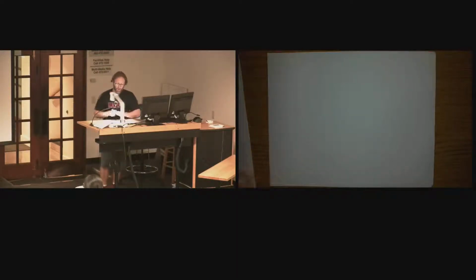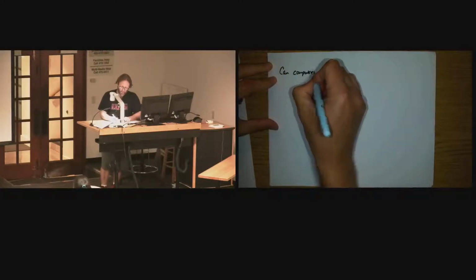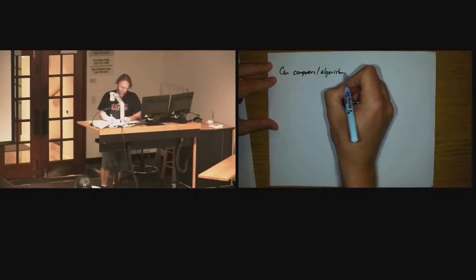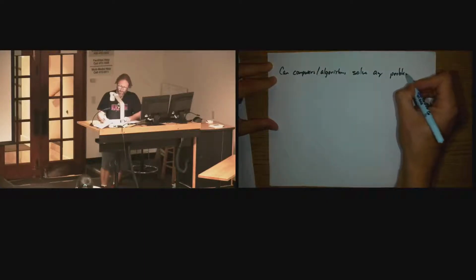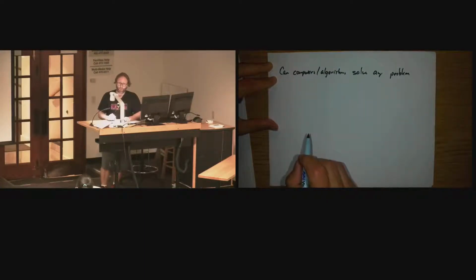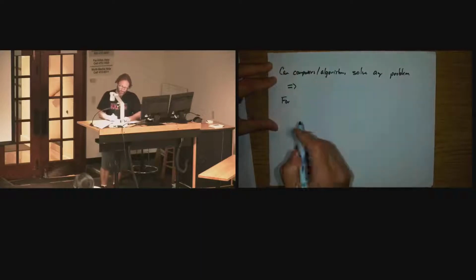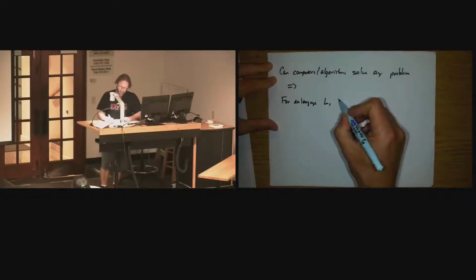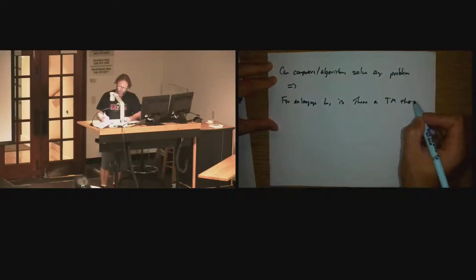So now the question of can computers or algorithms solve any problem can be translated, now that we've got a mathematical basis for asking this question. We'll translate it to, for any language L, is there a Turing machine that decides L?